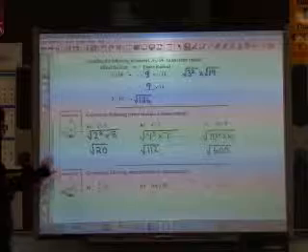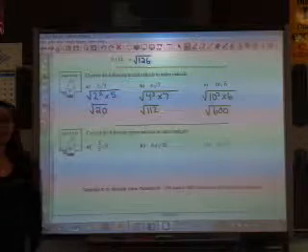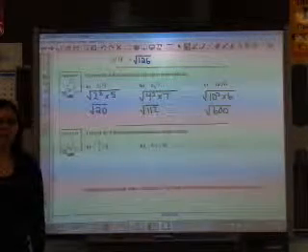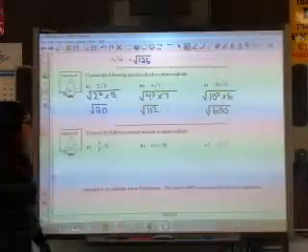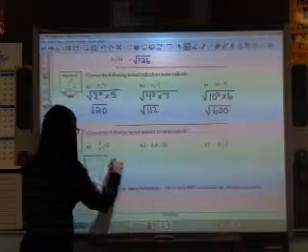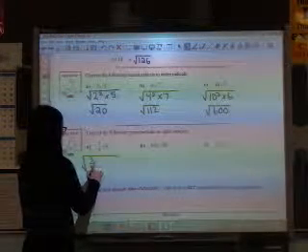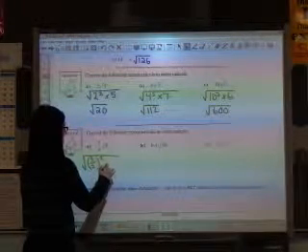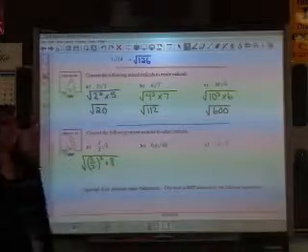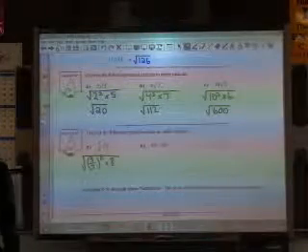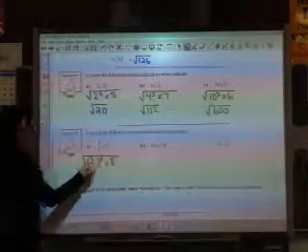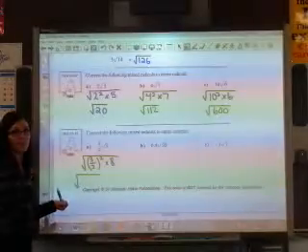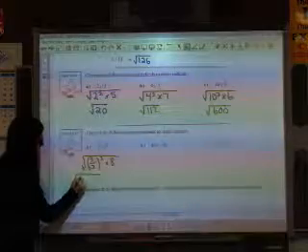Okay. It doesn't matter if I have fractions or if I have whole numbers. It's still the same thing. So if I have 3 halves times root 8, I would take 3 halves and I would square it. When I take 3 halves and I square it, square 3, what do I get? 9.